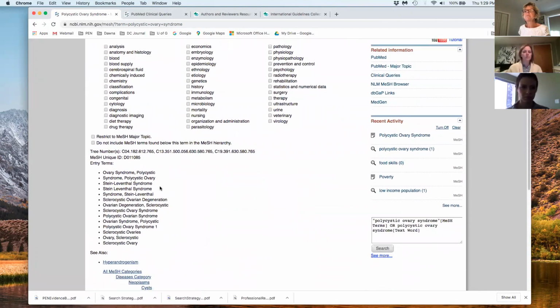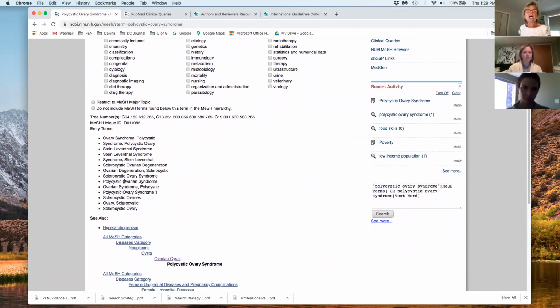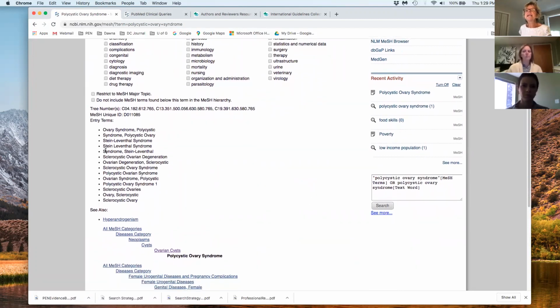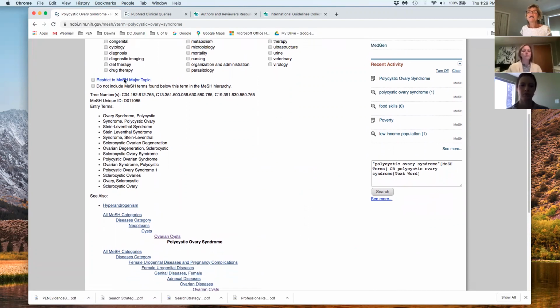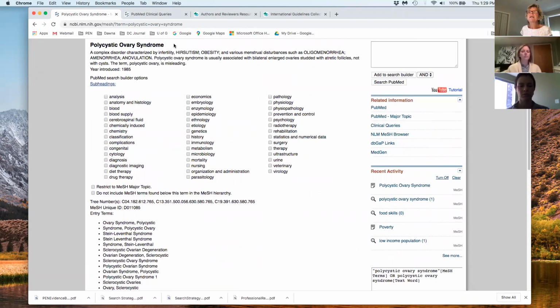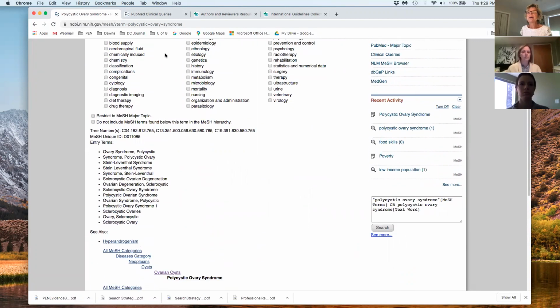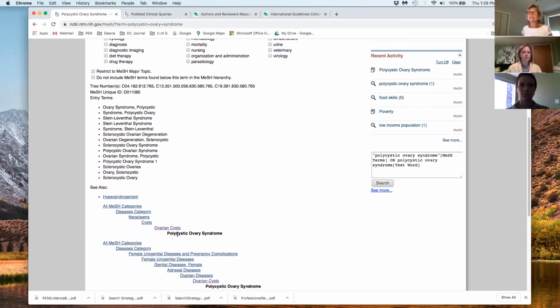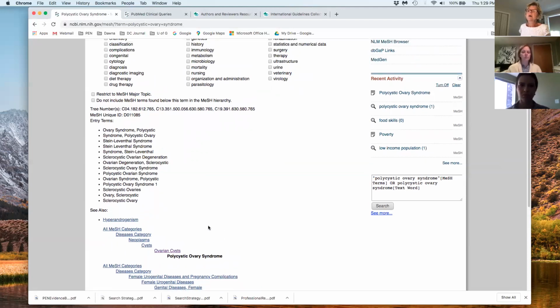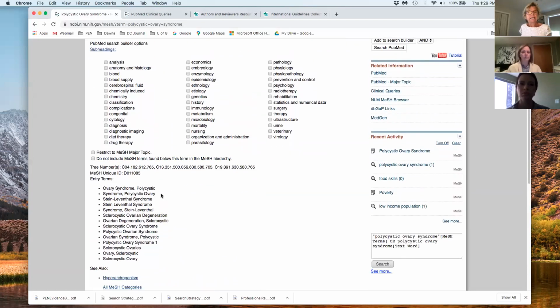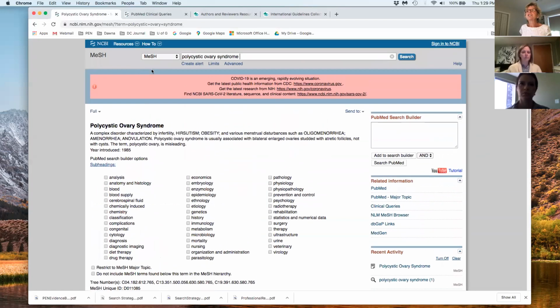You can see that there are some other terms that might be related to it, such as Stein-Leventhal syndrome, polycystic ovarian syndrome, but that hopefully would show up if you did a search on polycystic ovary syndrome, but may not, because the MeSH index term is polycystic ovary syndrome, which falls under ovarian cysts, the general category of ovarian cysts. So that pretty much encompasses our population.